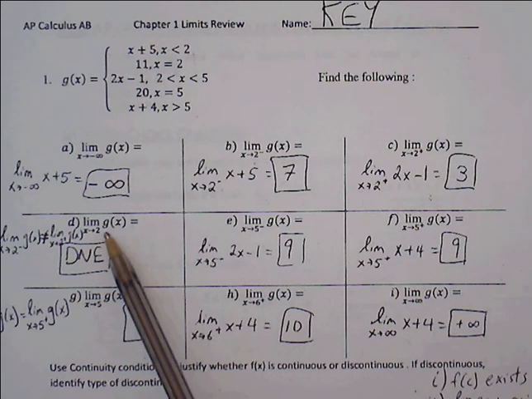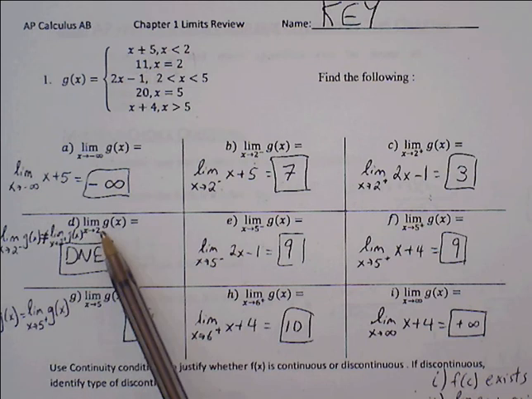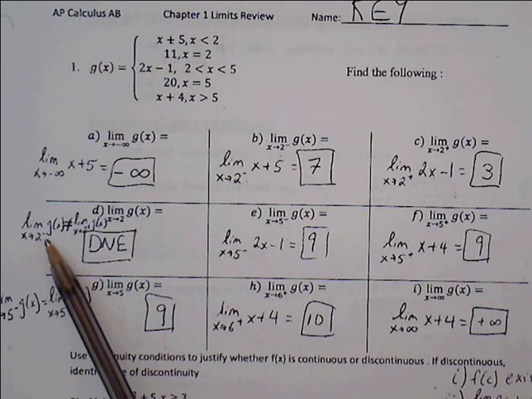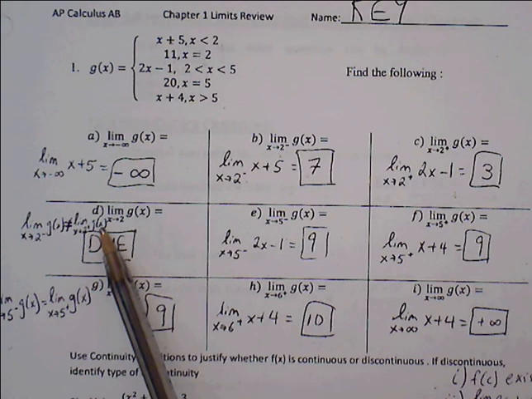But if we're approaching 2, that means we want to see: does the graph approach the same y value from either side of 2? In other words, if we evaluate the limit as x approaches 2 from the left side of 2, is that going to agree with evaluating the limit from the right side of 2?